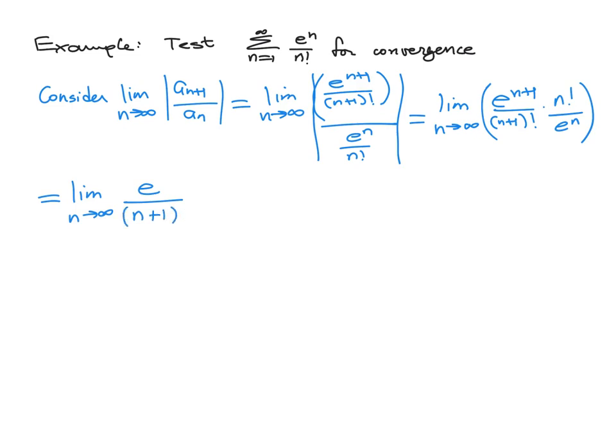If you need an extra step, it's okay to write it this way, right? Because n factorial times n+1 is the (n+1) factorial, and then cancel those out. I'm usually too lazy to do that, but it is an acceptable step if you want to show the extra step. So this becomes the limit as n goes to infinity of e over n+1.